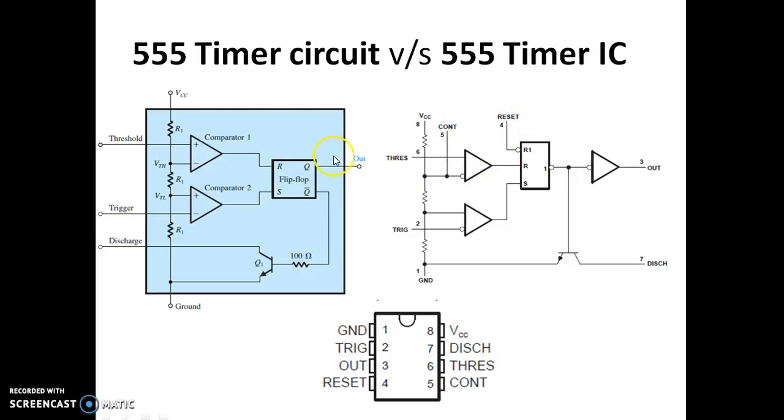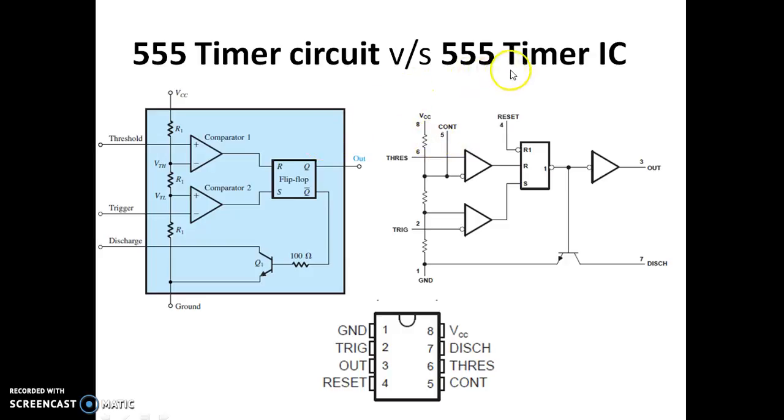This reset is not there in the block diagram, meaning I am able to reset the output by making this reset pin 0. It's an active low reset. And we have one more terminal, which is this VTH. We have control over this VTH. We can modify the voltage of this VTH to any voltage which is user controlled.